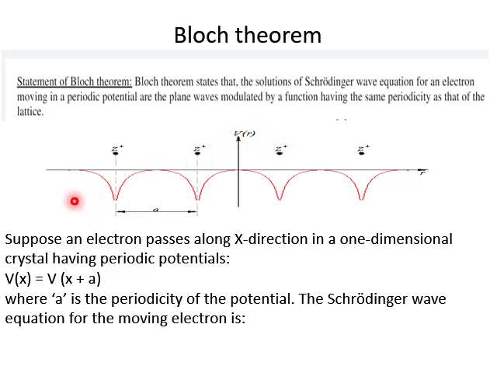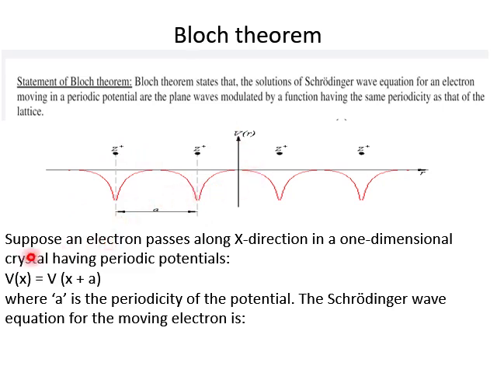But that is only for a single well, whereas Bloch theorem gives the solution for a periodic potential well, a sequence of wells having a periodic potential. Periodic potential means that after some period the potential repeats itself.